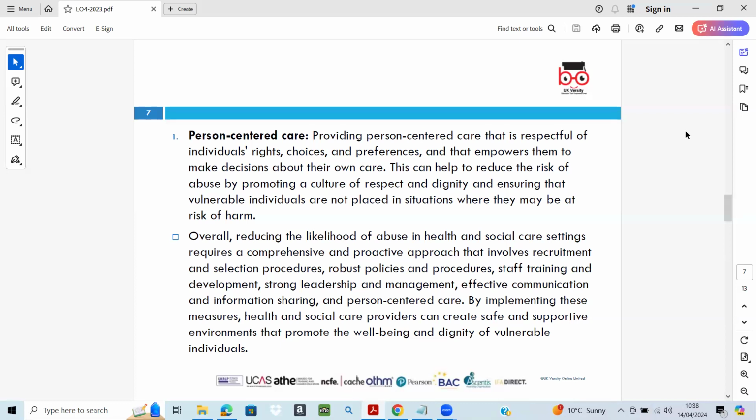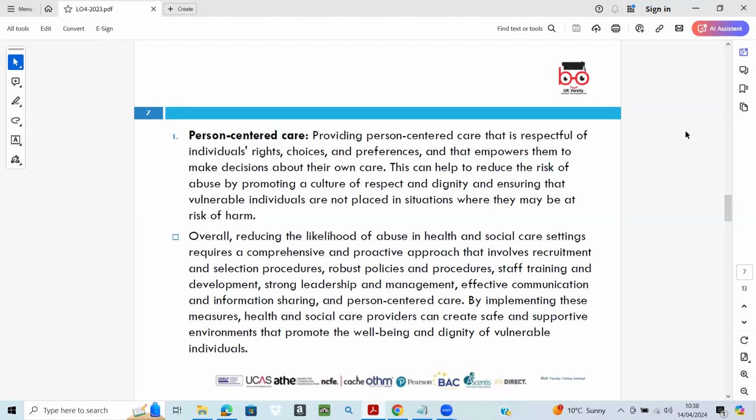So it is important to reflect on how a comprehensive and proactive approach can significantly reduce the likelihood of abuse. And let's revisit the key elements, and we'll start with person-centered care. This approach emphasizes respect for individuals' rights, choices, and preferences, and empowers them to make decisions about their own care.